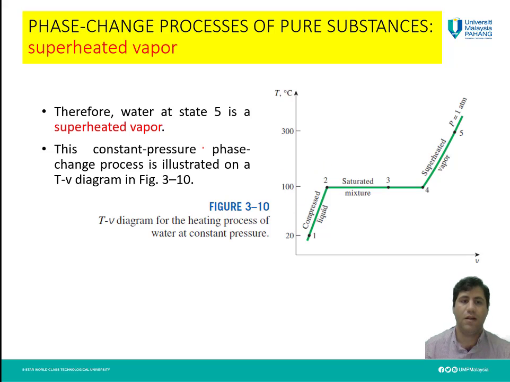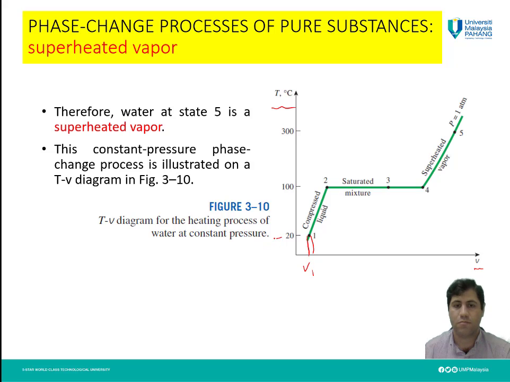If we are going to show this process, this phase changing process from liquid to the vapor, on a T-v diagram, or temperature and specific volume diagram, you can see here we have started with temperature of 20 degrees Celsius and the volume was v1.